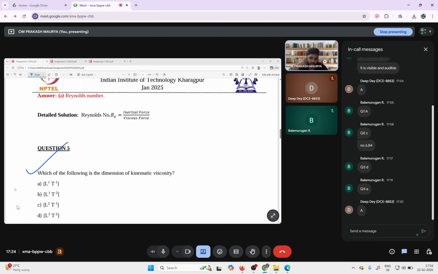If anyone does not know the kinematic viscosity formula, I'll tell you one trick to remember the formula for kinematic viscosity. Sometimes students may get confused. This is the ratio, but which parameter is in the numerator and which in the denominator? So I'll also tell a small trick here.